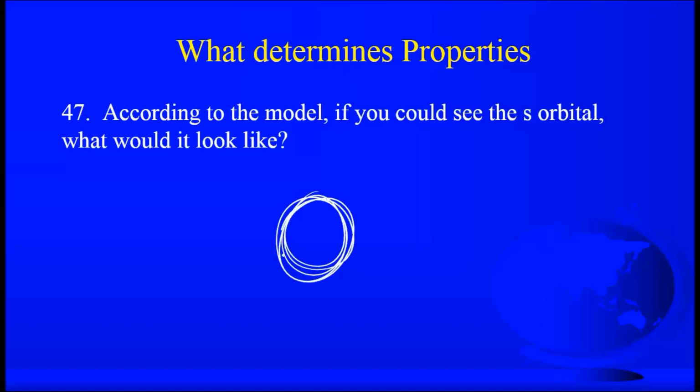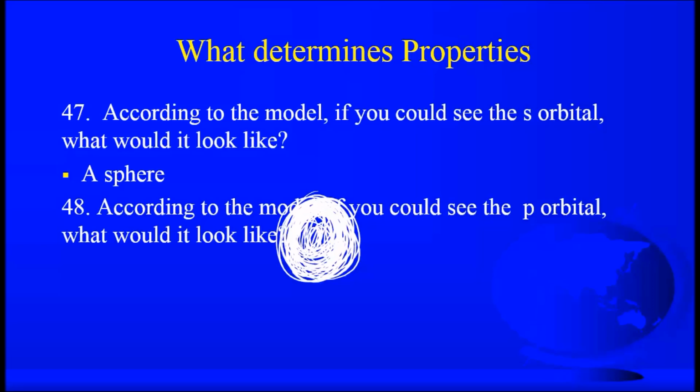It would look like a sphere. So the electrons, and there's going to be 2 electrons living in this room, would be spinning around, doing their electron thing, so that if you were to look at it, it would look like a cloud that looks spherical. And I don't know why, but chemistry teachers think this is terribly important, even though we're not even sure that electrons exist.